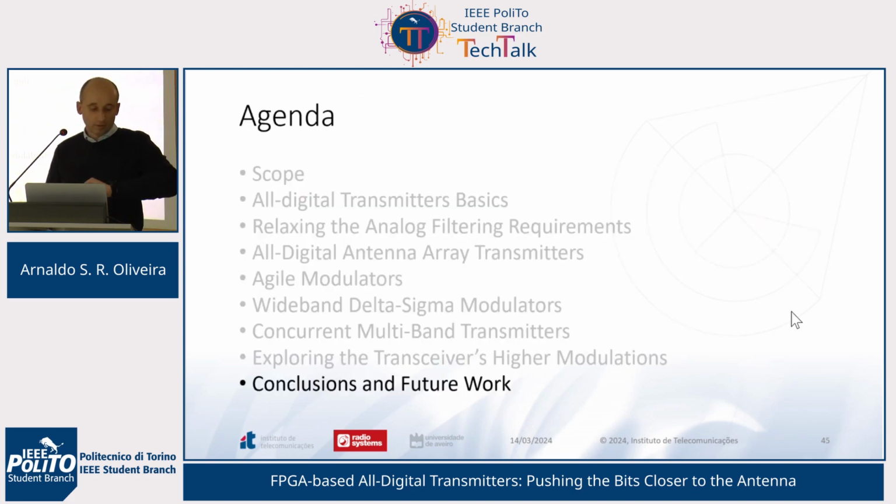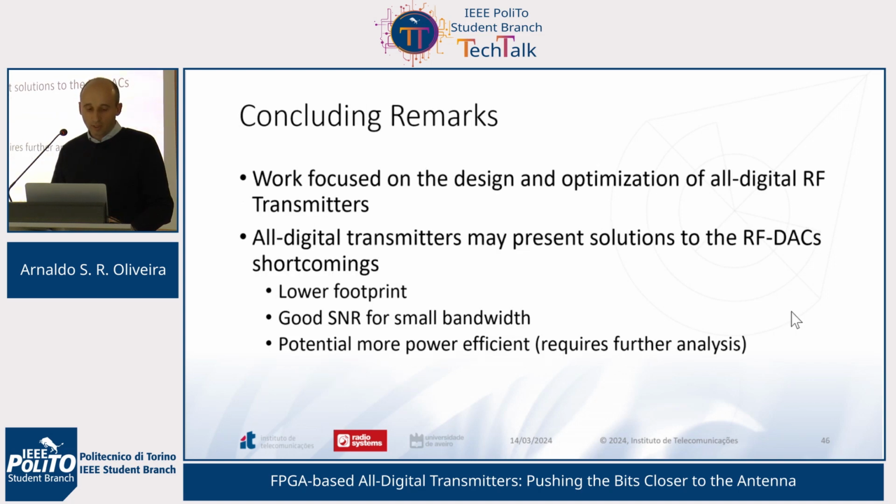Now the conclusions, open issues, and future work. The work I briefly summarized here, because I skipped most of the details, was intended just to provide an overview of what we did with this approach, but most of the work I have shown here was focused on the design and optimization of all-digital transmitters, all FPGA based. We believe that all-digital transmitters based on this approach may present solutions to some of the RF DAC shortcomings.